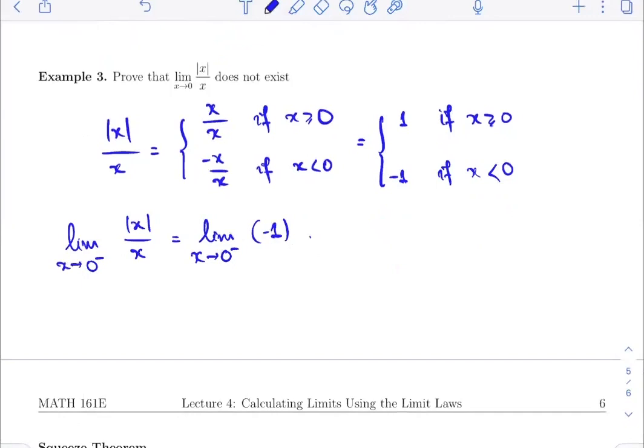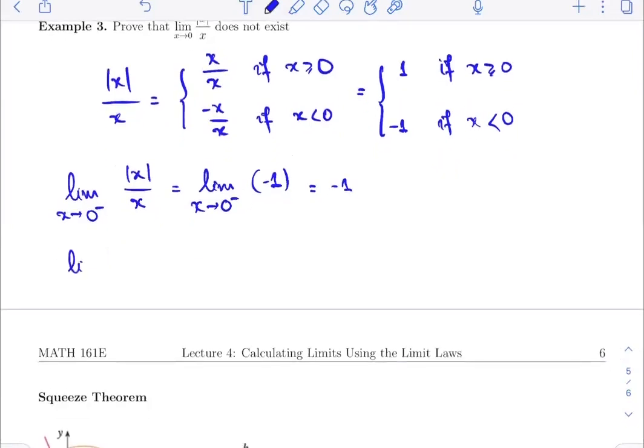So this gives me negative 1, because the limit of a constant is the constant itself. Next, we consider the limit of the absolute value of x over x as x approaches 0 from the right. That is the limit as x approaches 0 from the right of positive 1, which is equal to positive 1.